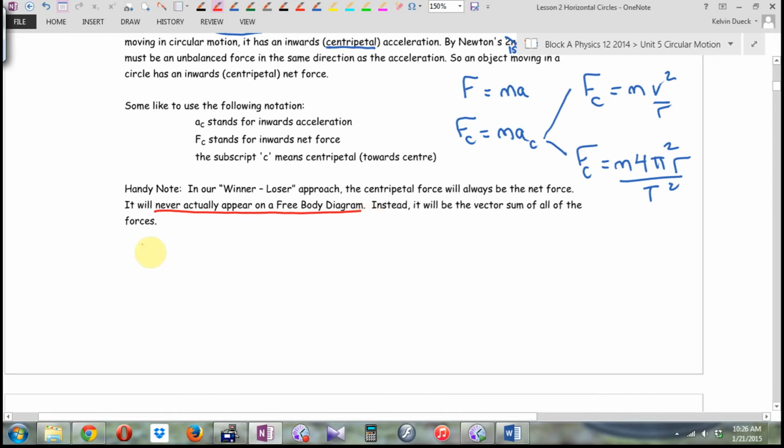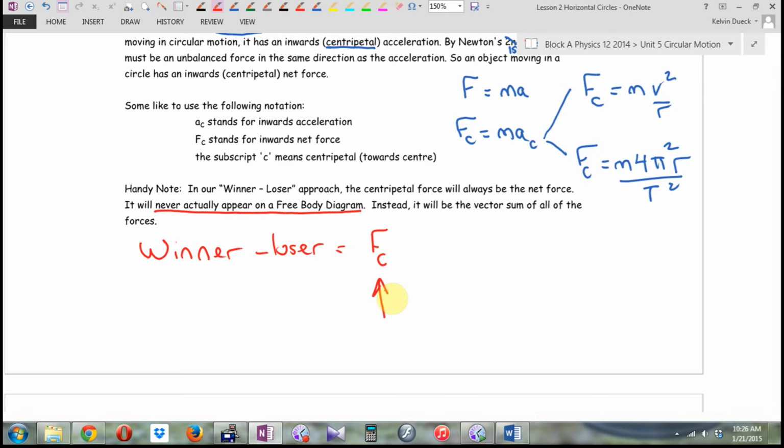It's always going to be this thing. And recall when we did our winner minus loser, the ma never actually appeared on our free body diagram. All the subforces that were causing that one uber force did. When you're moving in a circle, you're never going to put Fc on the diagram. It's always the net force.